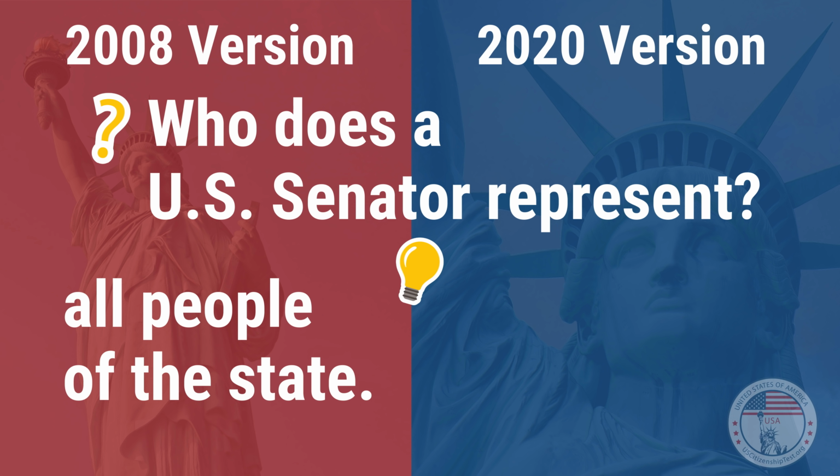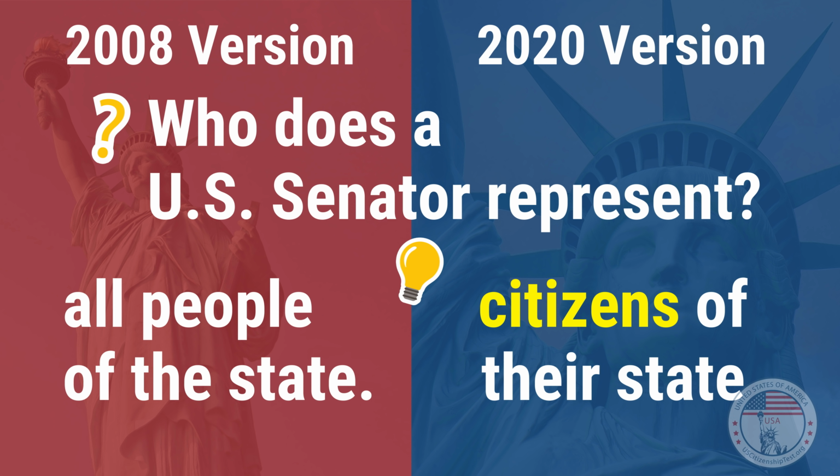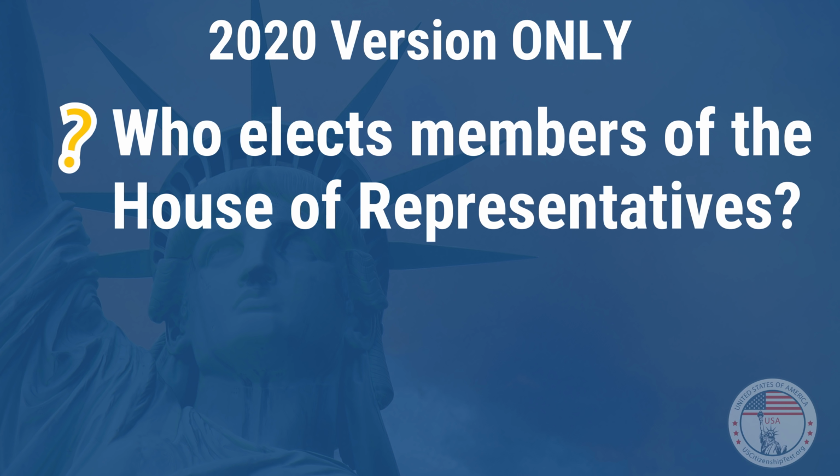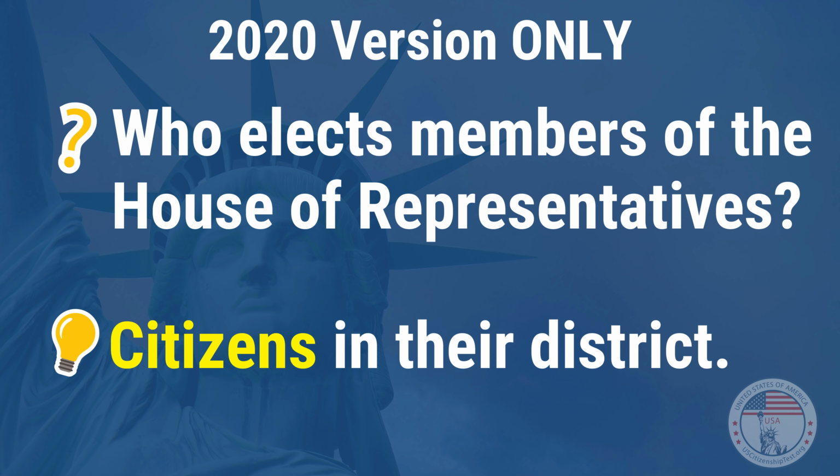However, USCIS updated the answer to citizens of their state for the 2020 version. Another example is a new question that USCIS added to the 2020 version. Who elects members of the House of Representatives? The answer is citizens in their district.